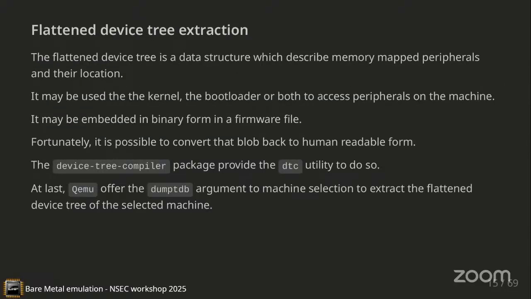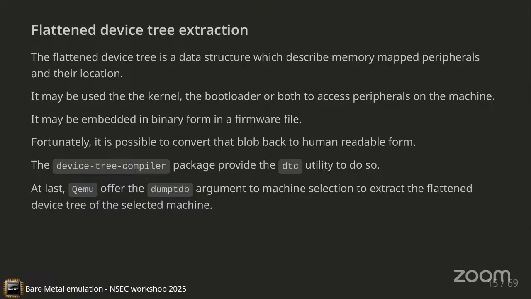There's another way to figure out the memory map on a device, which is called a flattened device tree blob. That's a data structure that contains all the peripherals on a device and their addresses. When you work on real hardware, it will be present on the flash.